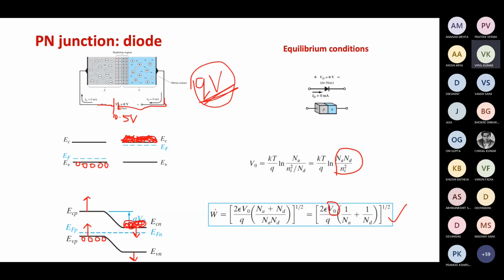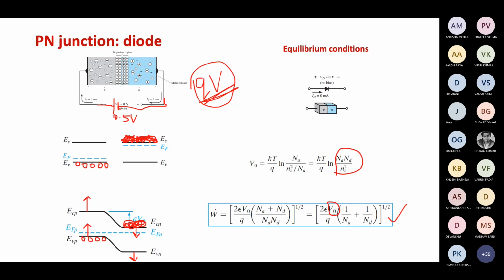So when EVP becomes equal to ECN, the electrons in ECN will move to the holes in EVP. But how does that happen?